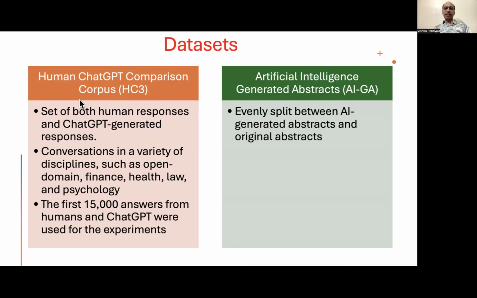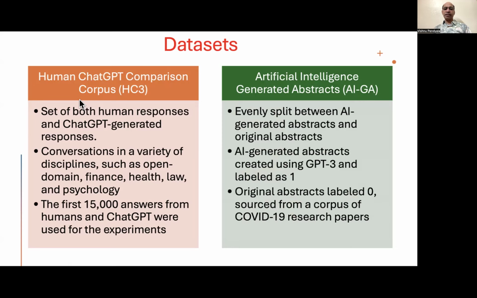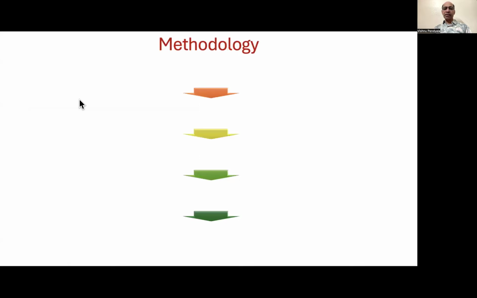So the dataset is evenly split between AI-generated abstracts and human written abstracts. The AI-generated ones are from GPT-3 and labeled as 1. And the human written abstracts are labeled 0, sourced from a corpus of COVID-19 research papers.